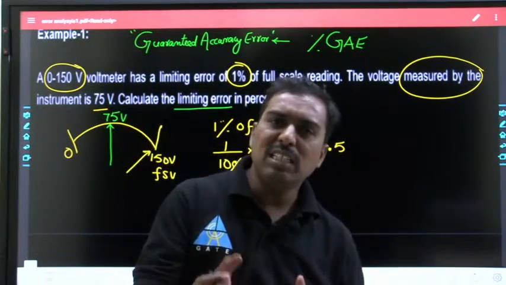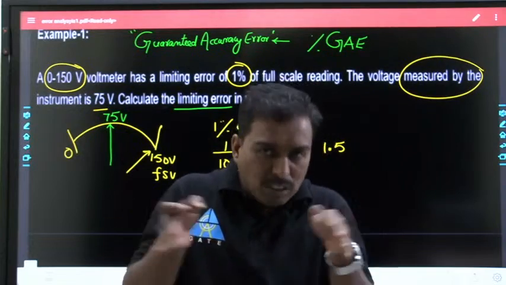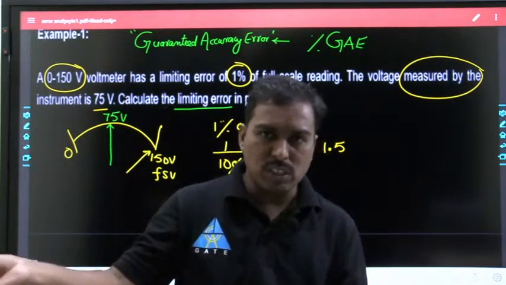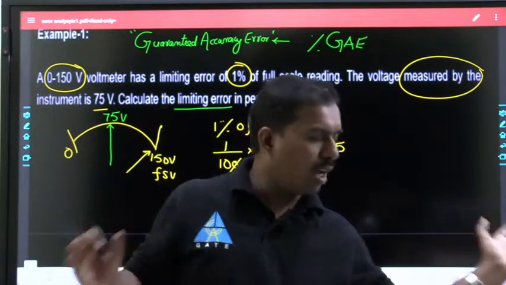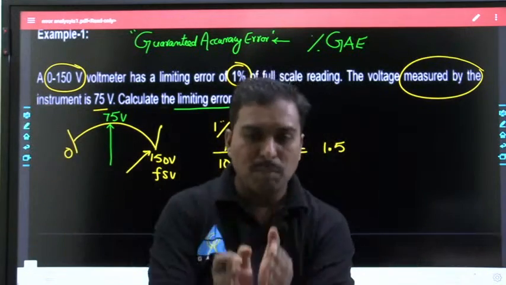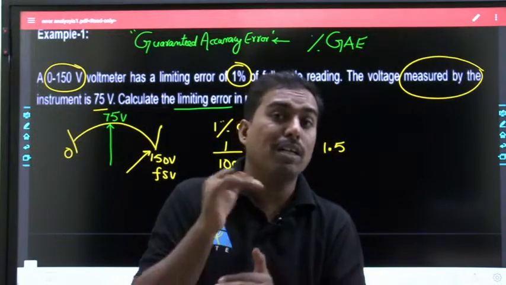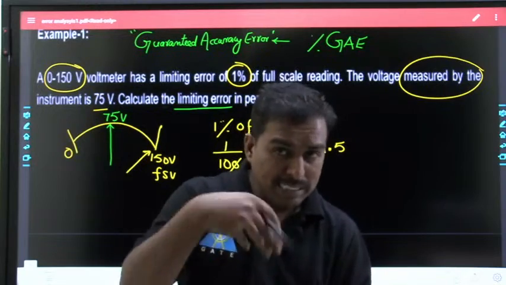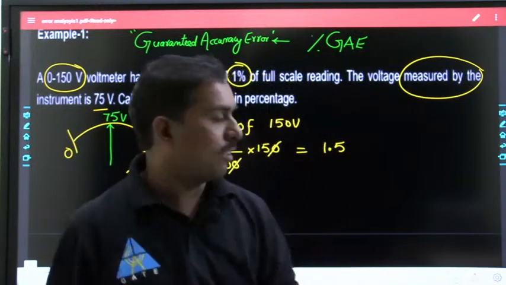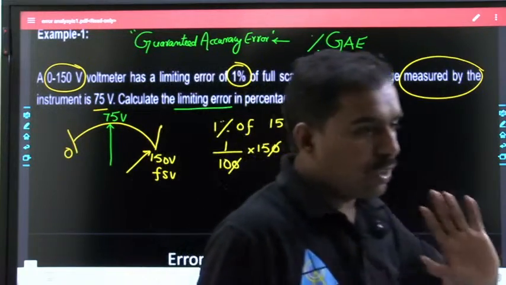If the error is expressed not over the full range but at a particular value, somewhere in the middle, then you are limiting the error, and that is called limiting error. All of you clear, dear students?